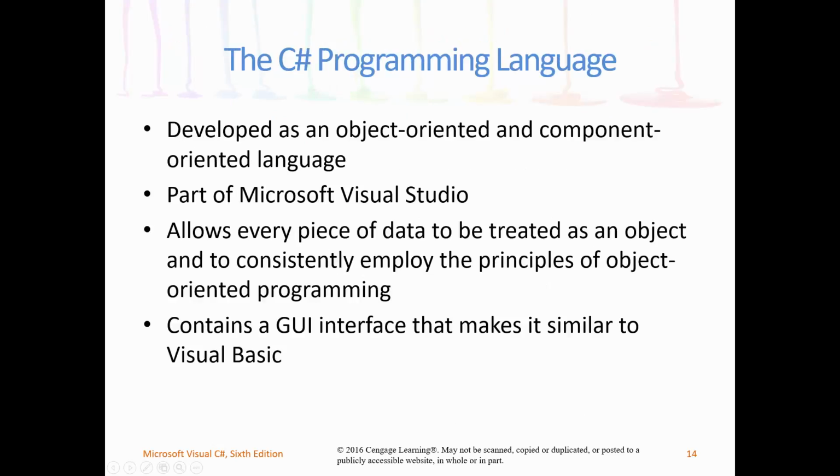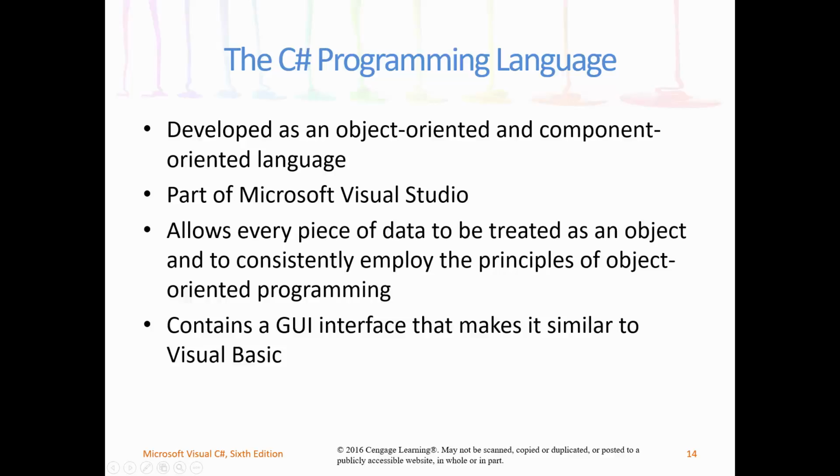All right, so a little about C#. One thing that's not shown in here is that in many ways C#, this is my opinion, is Microsoft's answer to Java. It's object-oriented, it's component-oriented, it's part of the Visual Studio package. More than anything else, the biggest thing I'd say about it is the fact that it's very similar to Java.